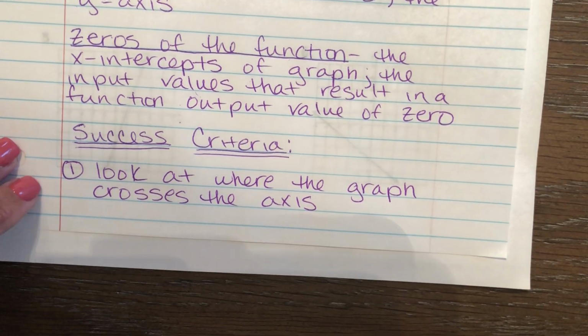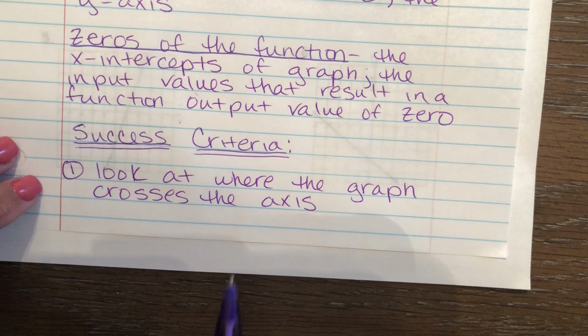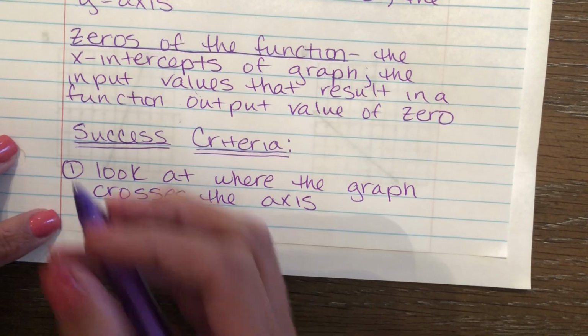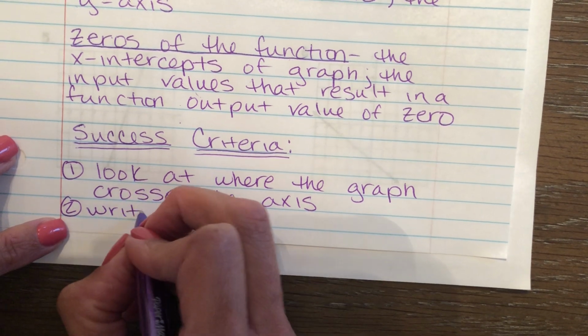So if you're finding the x-intercept, you're looking at the x-axis. And if you're trying to find the y-intercept, you would be looking where it crosses the y-axis. And then you're going to write your answer as an ordered pair.